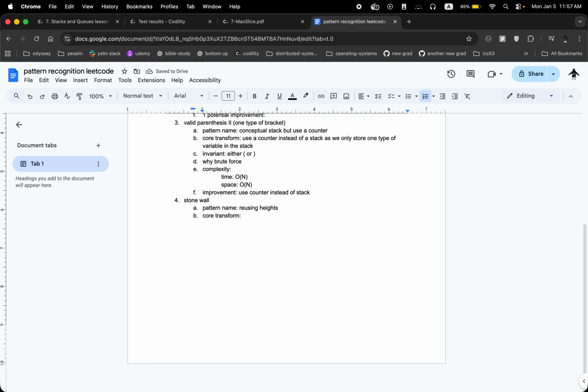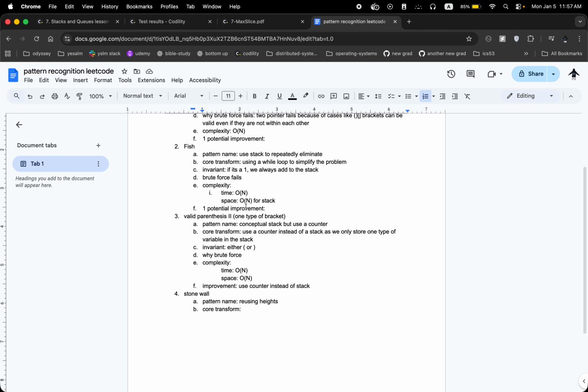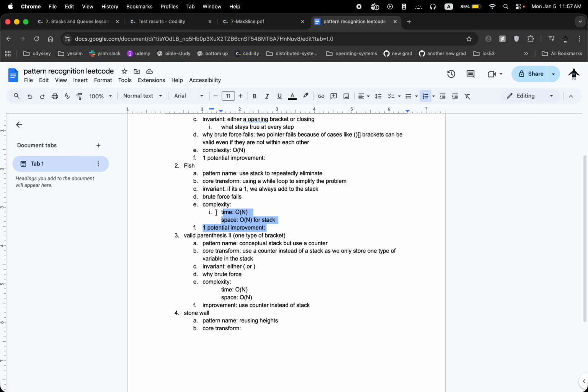Core transform here is very similar to the idea of use a stack to repeatedly eliminate. It's the same idea. Use stack to repeatedly eliminate, like find the minimum number using a stack. I guess for this one, find a minimum value. Optimize wall building with the stack by pattern.